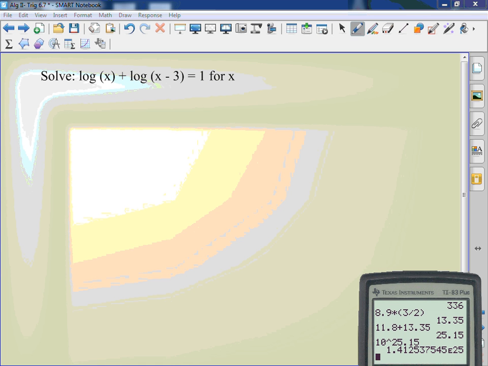So you're saying multiply these two, right? So it says log of x times x minus 3 equals 1. All you did was combine the two because it was the plus and they had the same base. What base do I really have? I have base 10.